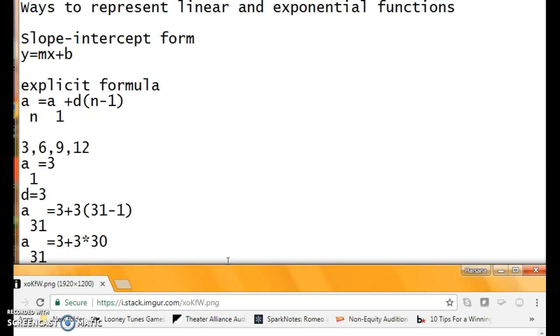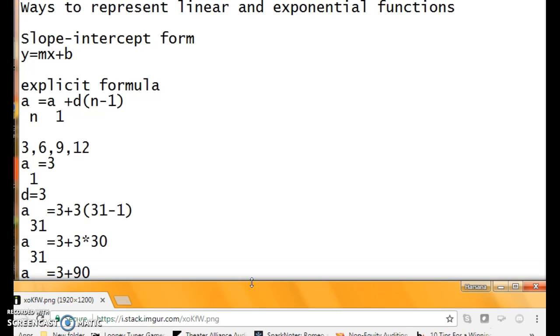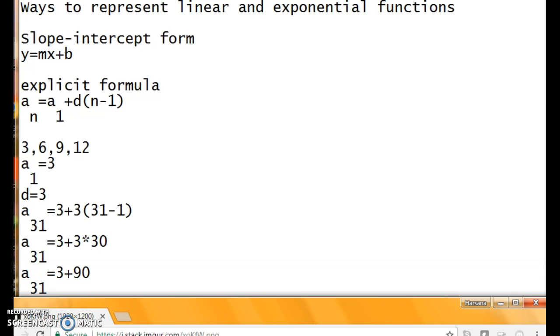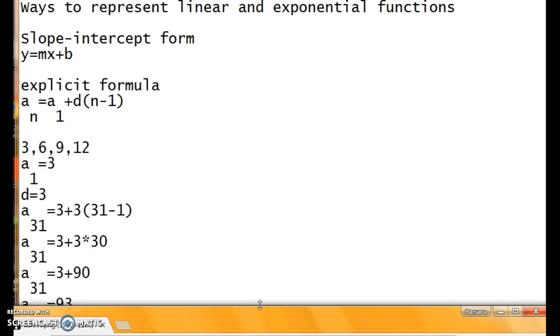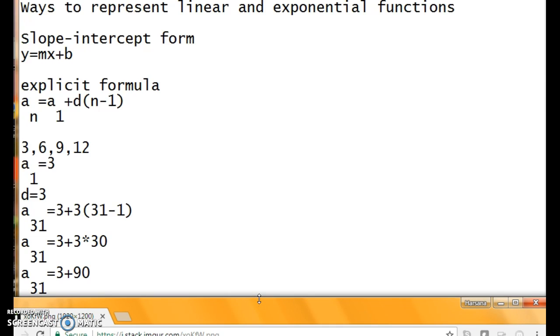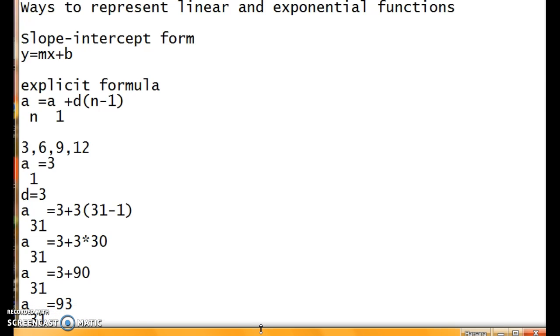Now we have to do the multiplication first, not the addition first, from order of operations, PEMDAS. So a sub 31 equals 3 plus 90, since 3 times 30 equals 90. And then a sub 31 equals 90 plus 3, which is 93. So a sub 31 equals 93.